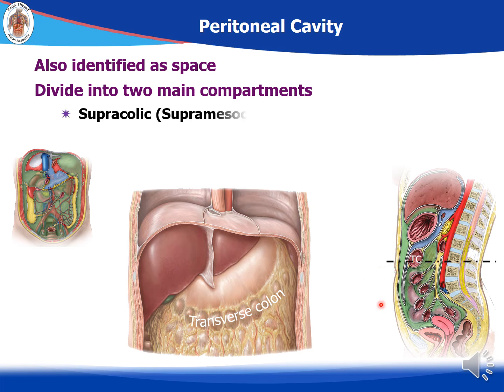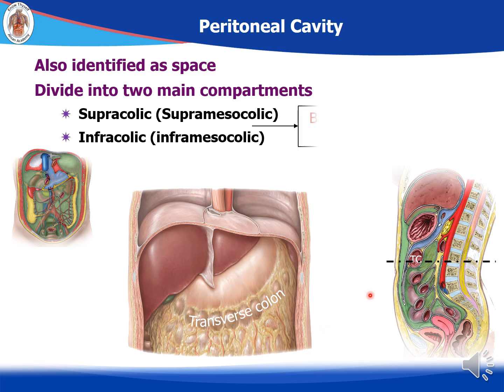If we draw the line, the above part is known as supracolic or supramesocolic, because the mesentery of the transverse colon and the colon together make this line of division. That's why it is known as supramesocolic, but commonly it is known as supracolic. And the part below is known as infracolic or inframesocolic.